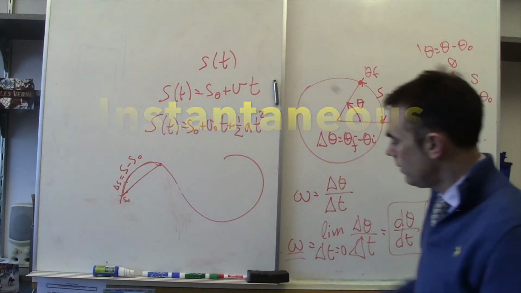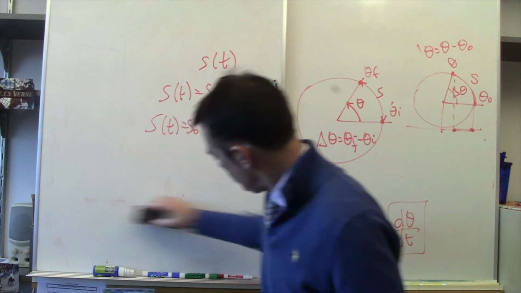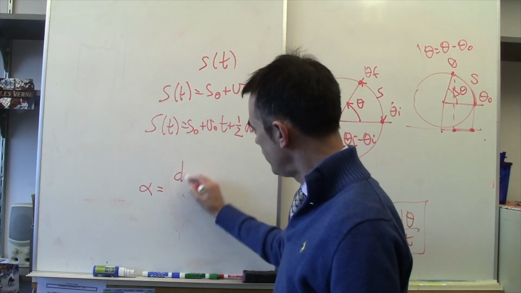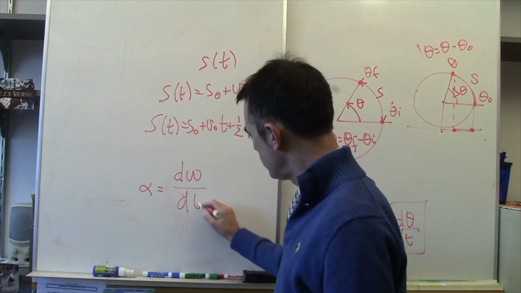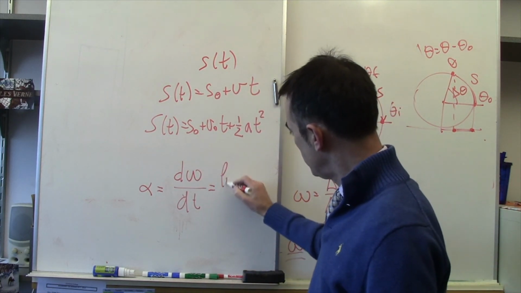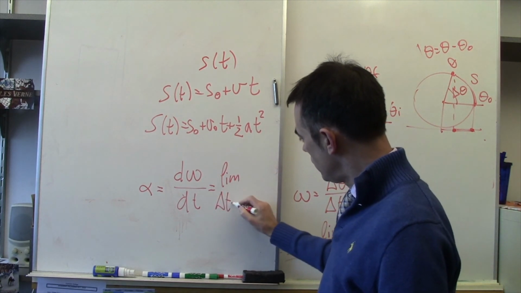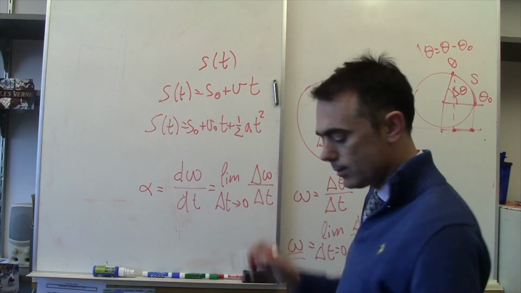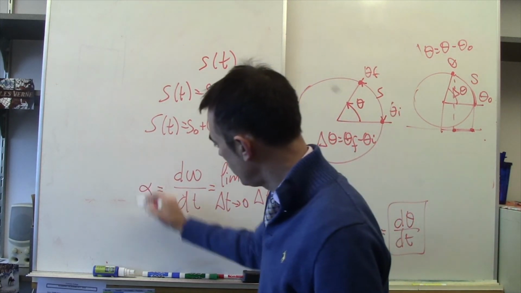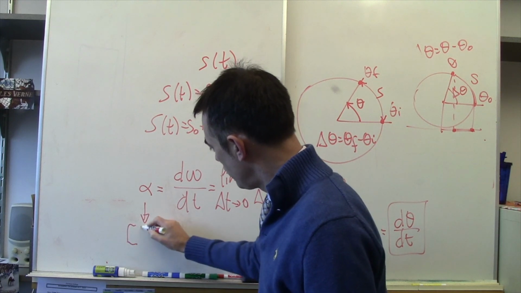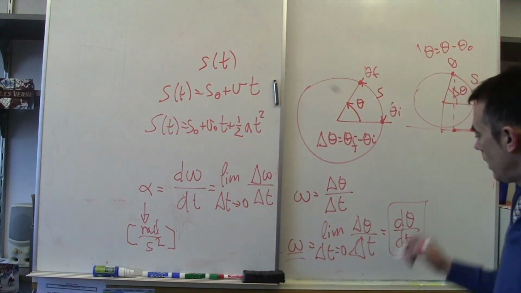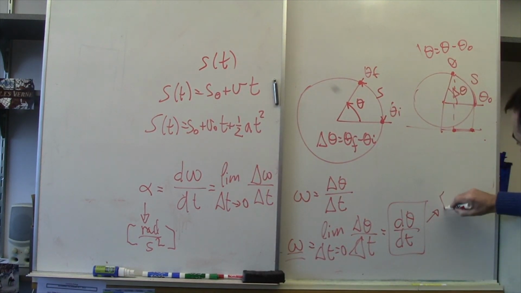In the same way, we can calculate the angular acceleration as the derivative of omega with respect to time, which is just the limit when delta t goes to 0 of delta omega divided by delta t. Angular acceleration, again, is measured in radians divided by second squared, and omega is measured in radians divided by second.